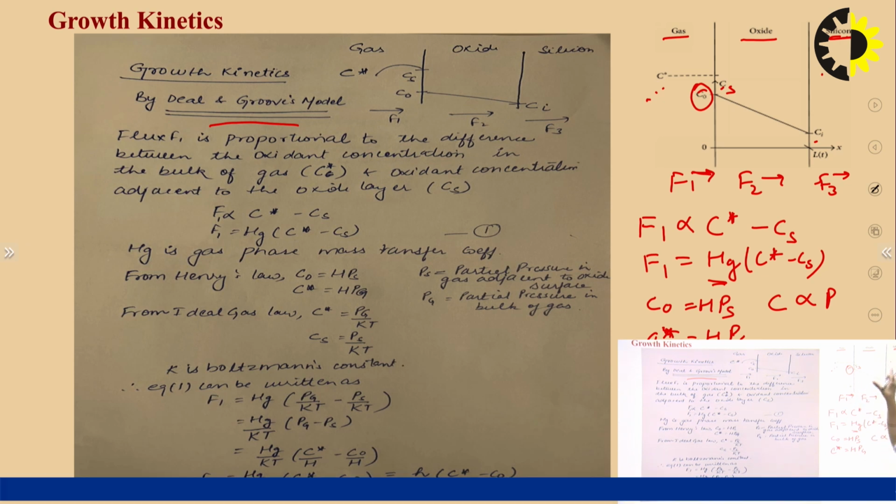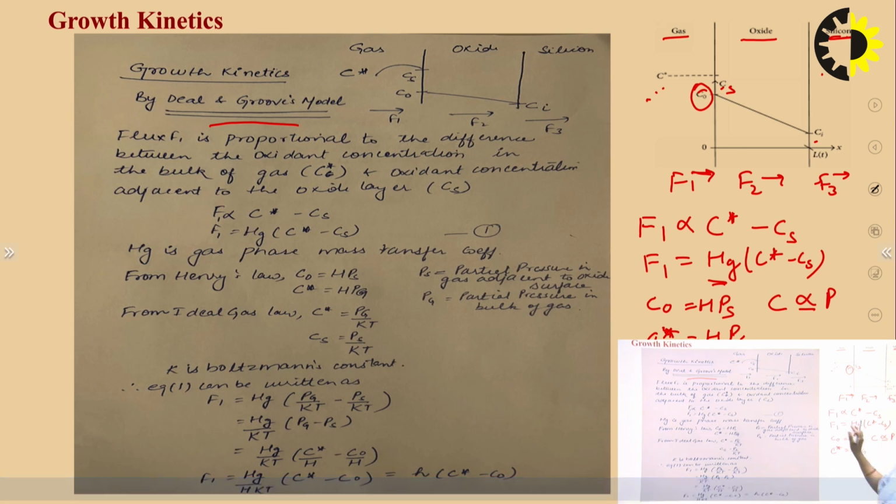So according to our model, CO at the oxide interface is equal to HPS, because these are directly proportional, so we replace the proportionality sign with H, and the same at the gaseous phase, C star is equal to HPG. So these are the two things.